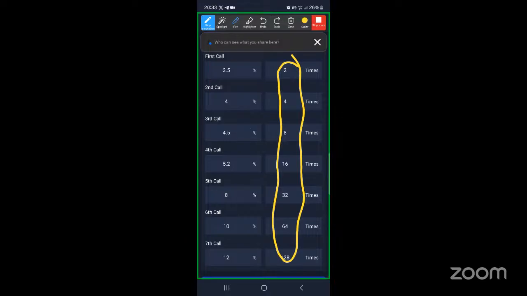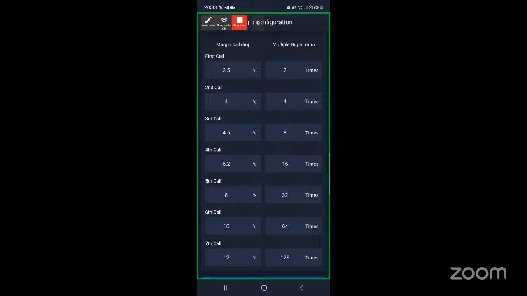Okay? So what you are going to do is very, very simple. You are going to use ratios.